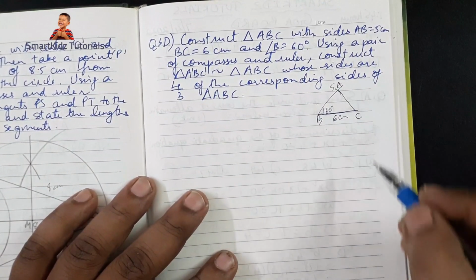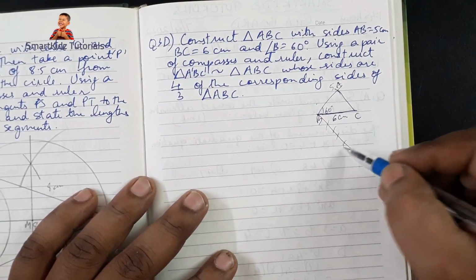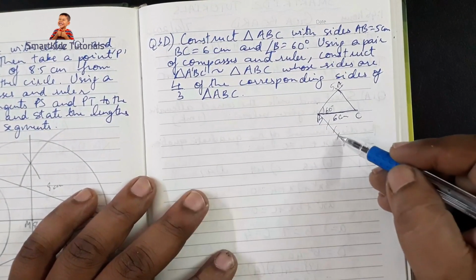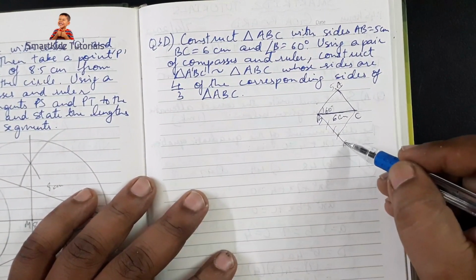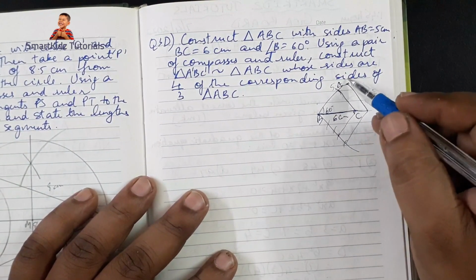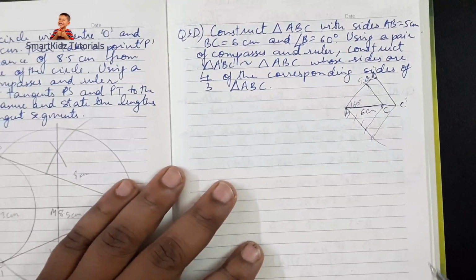You'll get triangle ABC. Then you need to draw a line like this, cut 4 parts because it says 4/3. Join the third part here and then draw parallel to this one, and draw the new triangle, which is A'BC'. That's what we are going to do.